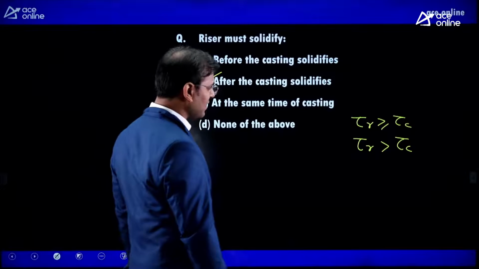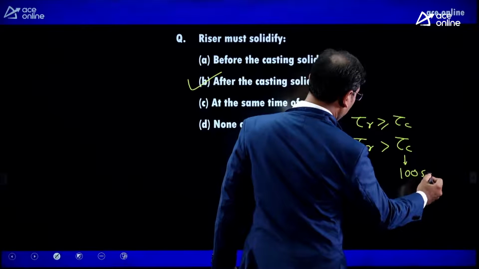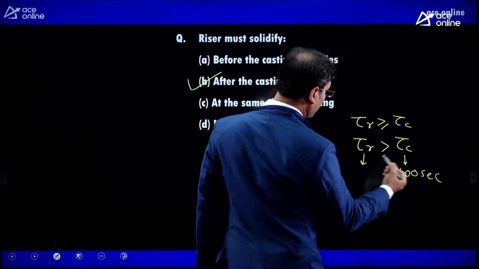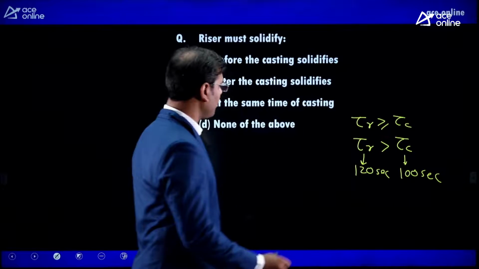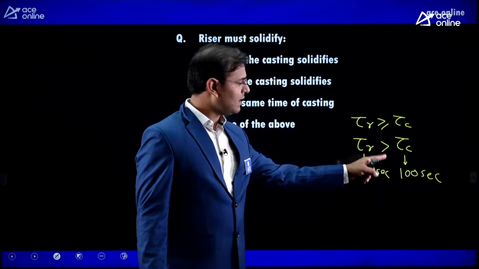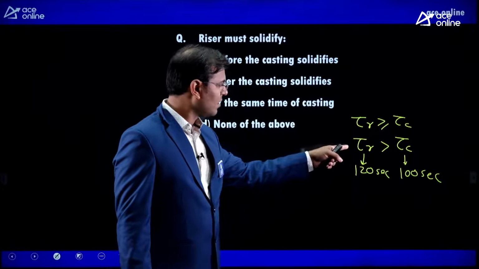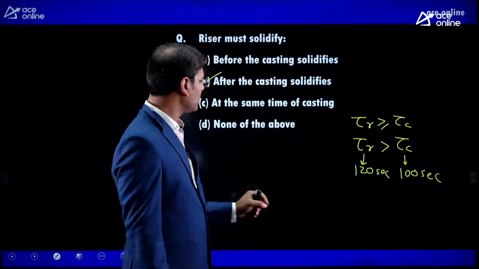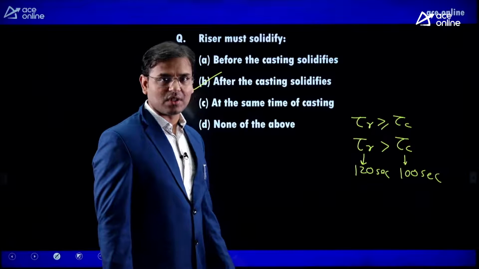Okay. Means just see, if the casting is going to solidify in 100 seconds, then riser needs to solidify in more than 100 seconds. I am taking 120 seconds. Then first the molten metal in the casting cavity is going to solidify, and after that the molten metal in the riser is going to solidify. Then riser must solidify after the casting solidifies.